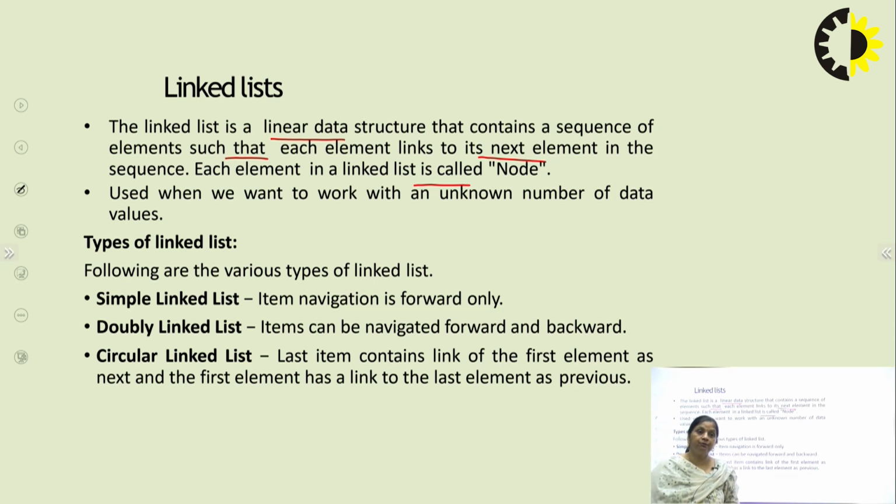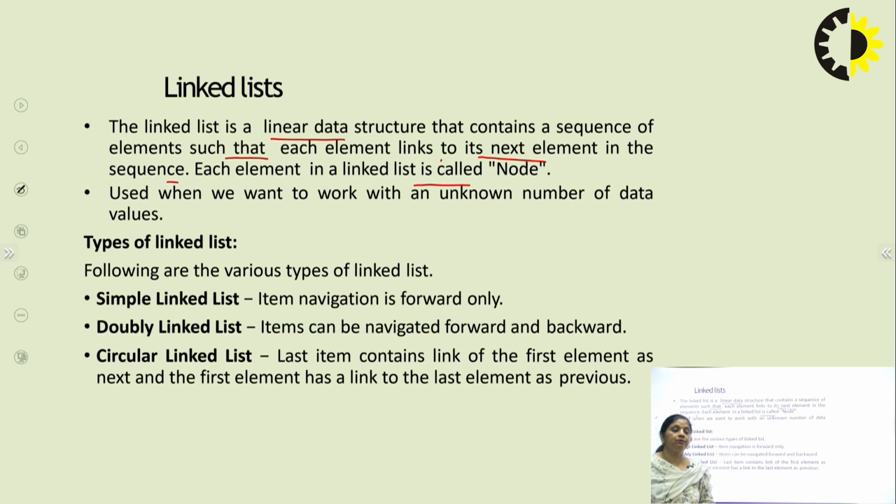We access through the first node. We have the address of the first node, and the first node has the address of the second node, where the second element is stored. Then that will contain the next node address, and so on. So each element links to its next element in the sequence.